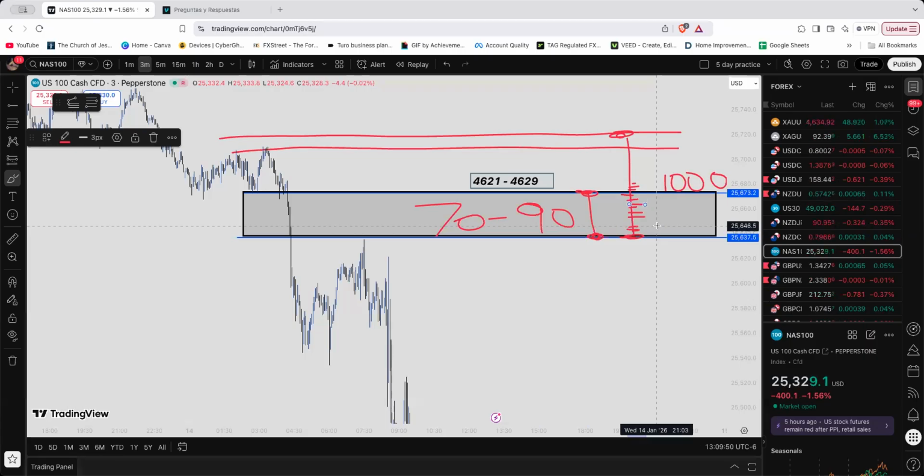Now, why do you take a lot of entries with a small lot size? Because let's say you took a lot of entries here and the trade starts going down. Even if these entries are negative, you already will be at profit with all these other entries. In that way, you're mitigating or getting a better result from the equation, if we want to put it that way.